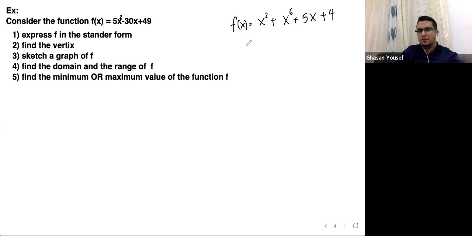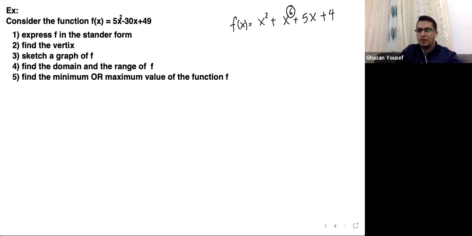Why? Because you have to look at the highest degree. The highest degree here is 6. Do you see the 6? This means it is not a quadratic. So if the highest degree of the function is 2, it will be a quadratic function. Is it clear?